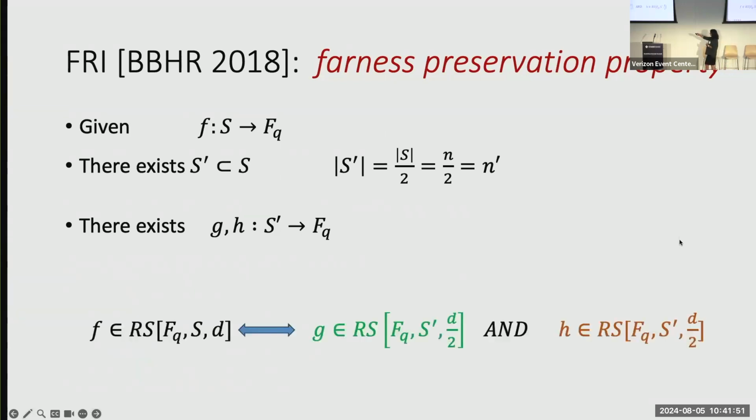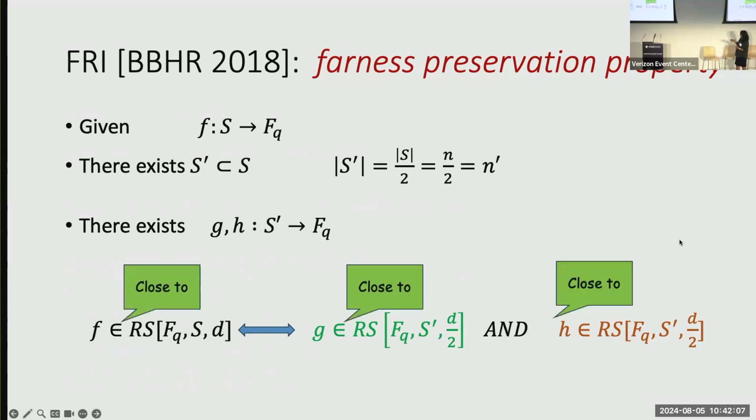And we saw that f is a true Reed-Solomon code word for the Reed-Solomon codes of degree d, if and only if g and h are Reed-Solomon code words for the domain s prime and degree d over 2. It turns out that if you think about it for a few minutes, this is a robust statement in that if f is close to these 2 Reed-Solomon codes, then g and h are also going to be close in Hamming distance to the appropriate Reed-Solomon codes.